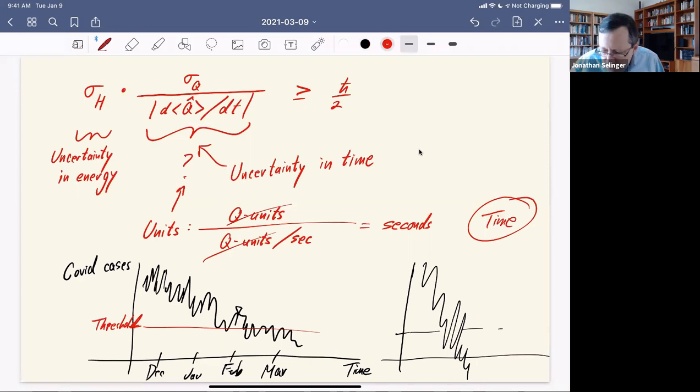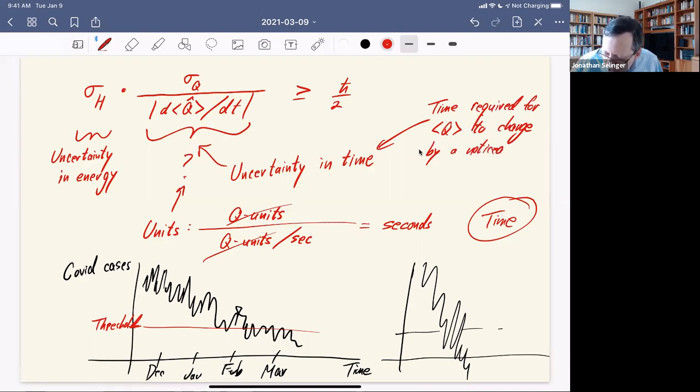Or another way to put it would be it's the time that's required for the average Q to change by an amount that you notice, so by a noticeable amount. And what's a noticeable amount?